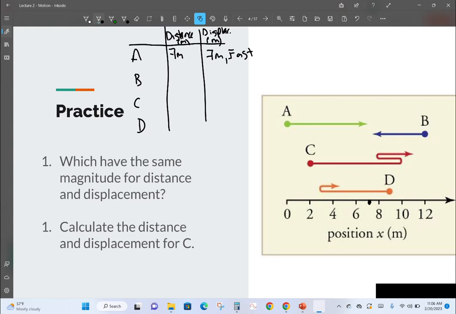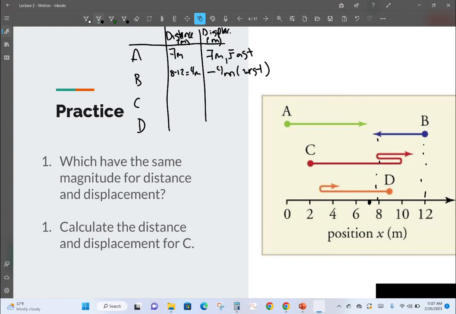In B, it started at 12 and it ended up at 8. So it's 12 minus 8, or excuse me, 8 minus 12, or 4 meters from where it started, or negative 4 meters, which means that it's to the west of where it started.